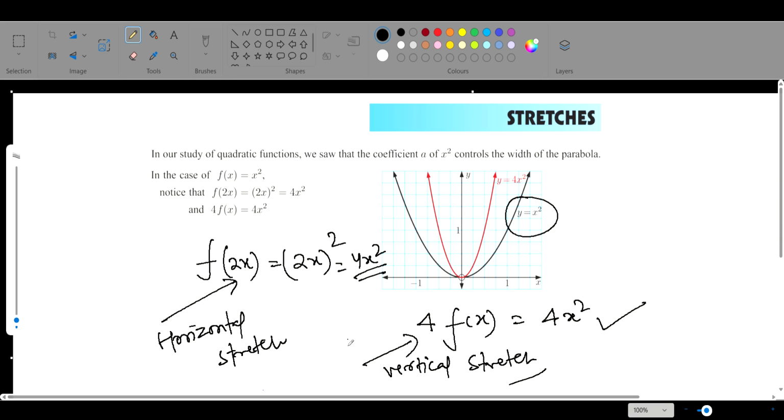So when you give any number to x from inside the bracket, you actually stretch from inside, that is a horizontal stretch. And when you multiply the function from the outside, you're stretching the function vertically.